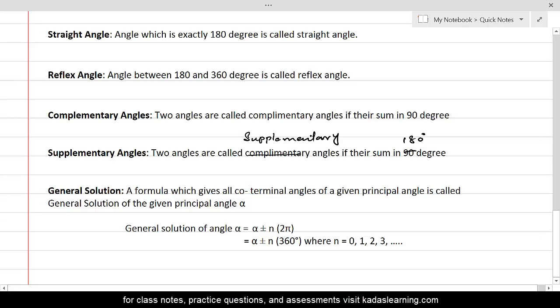And general solution: a formula which gives all coterminal angles of a given principal angle is called the general solution.